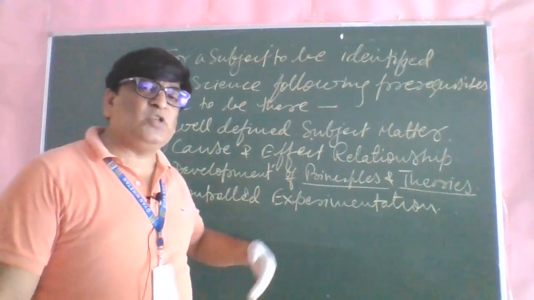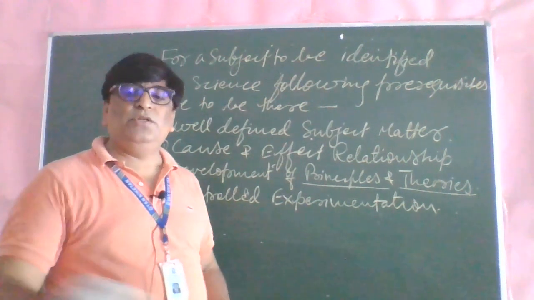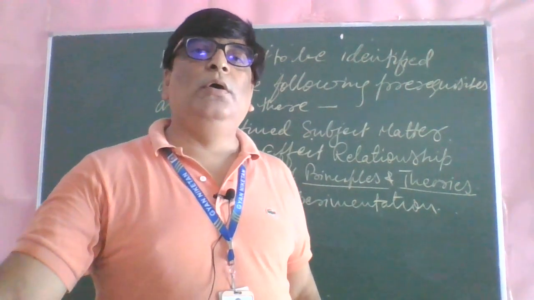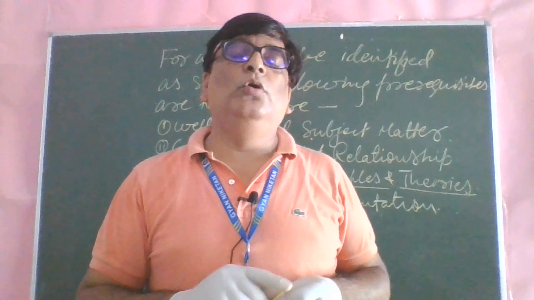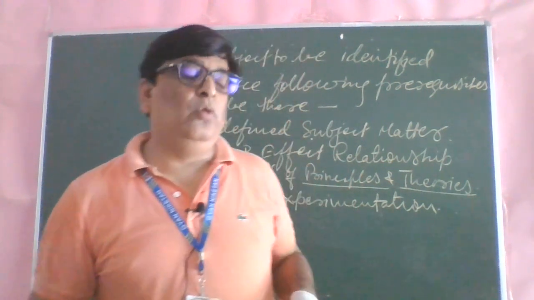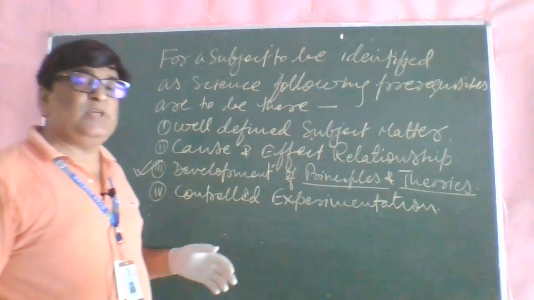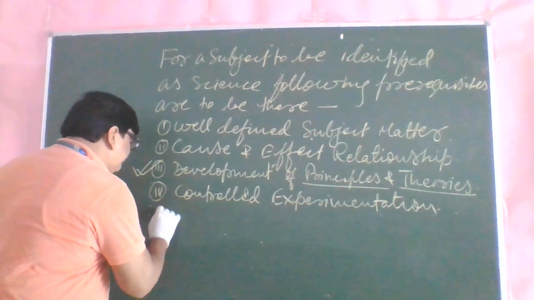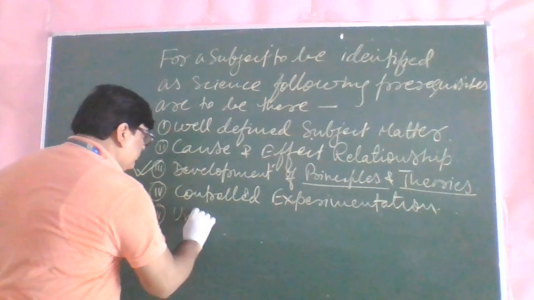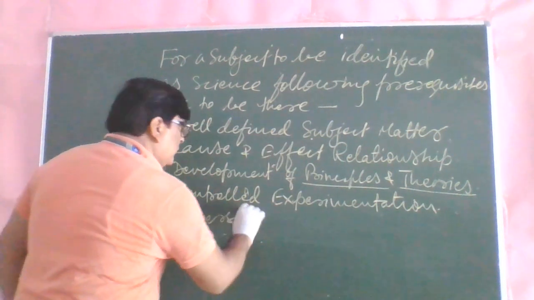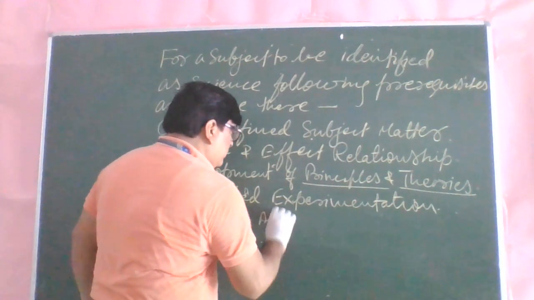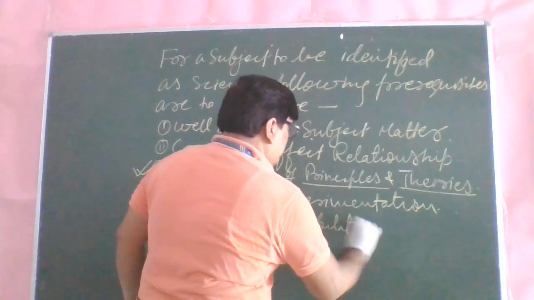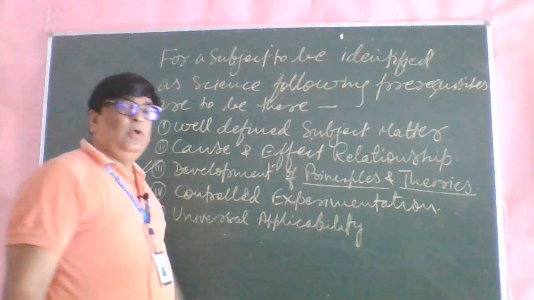In economics also experimentation is there, but it is not as controlled as in natural science. So from this point of view, economics is not as pure a science as natural science. Next is universal applicability.